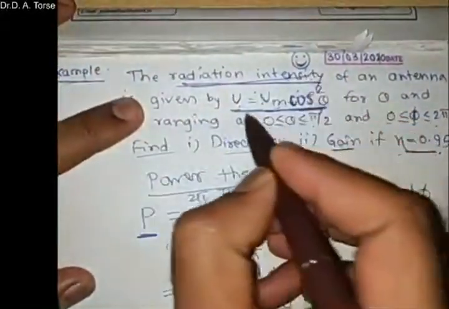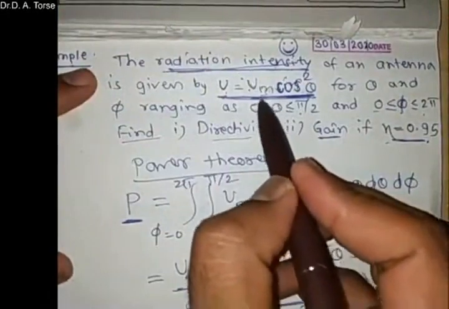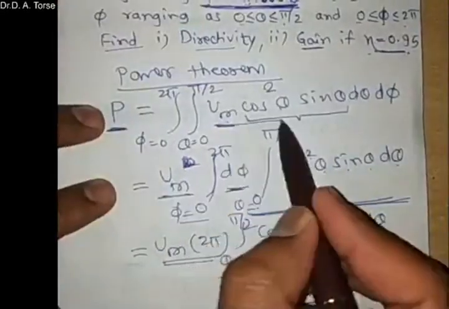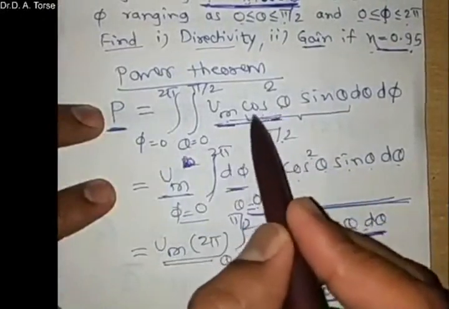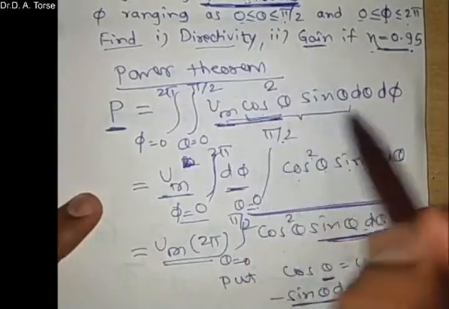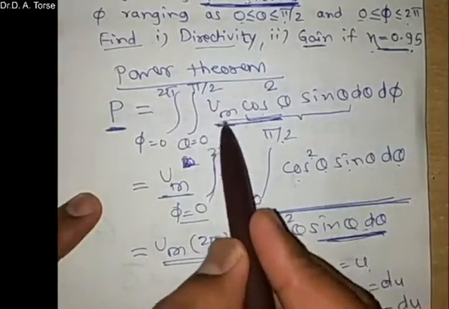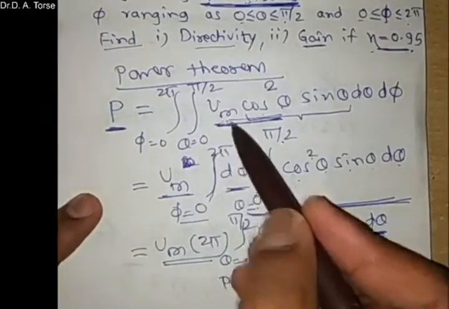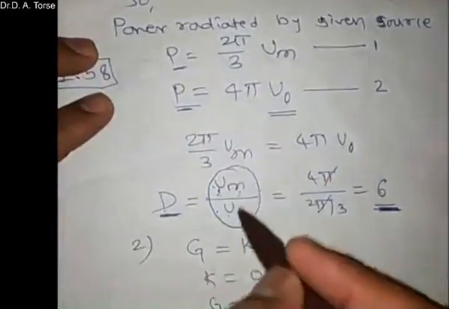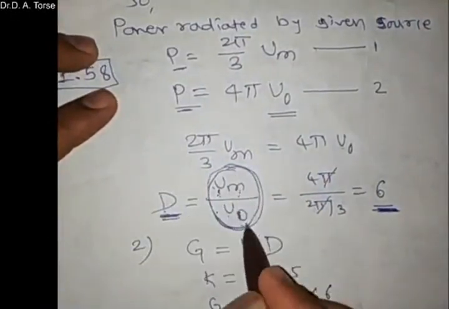So from the given statement, a radiation intensity pattern was given. It was not a field pattern, it was a radiation intensity pattern, which is power. So we considered the power term directly here. No square was done like in the previous numerical. So cos square theta was substituted, and the integration of cos square theta sin theta was computed separately. The term was retained in the example as it is, so that we can make use of it at the end to bring it in the form of the directivity formula, which is Um by U0.